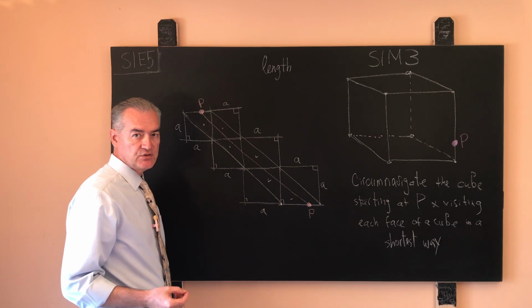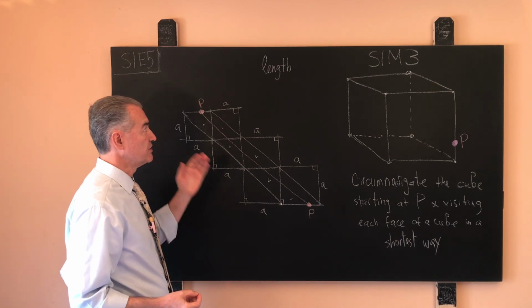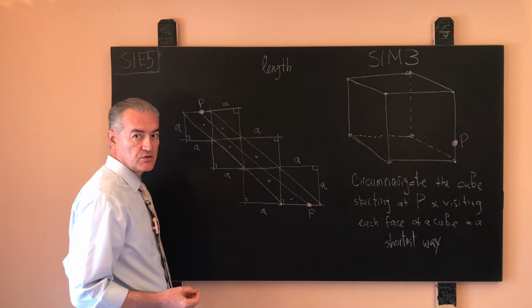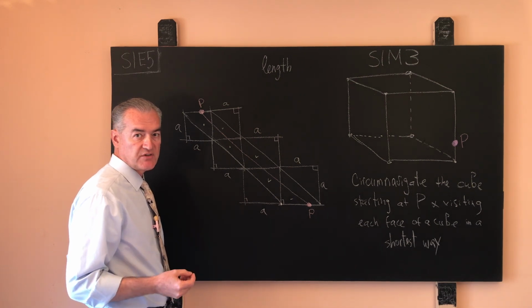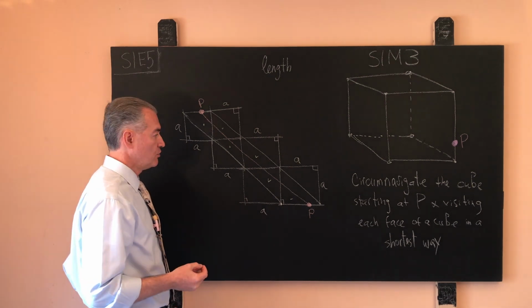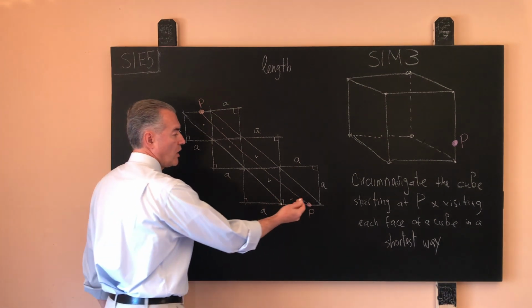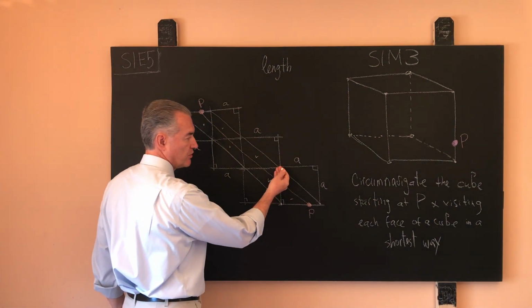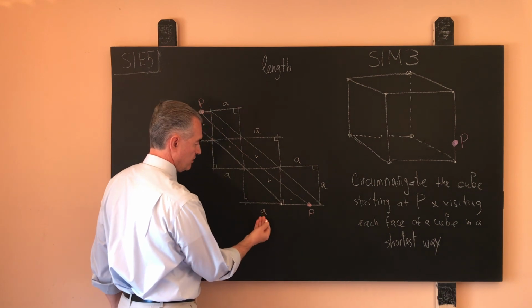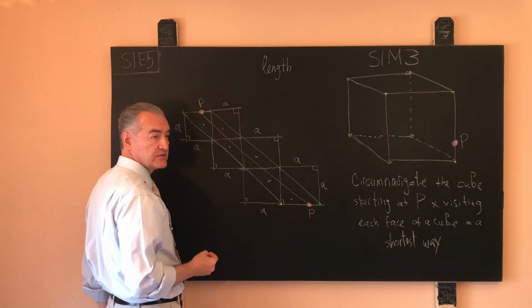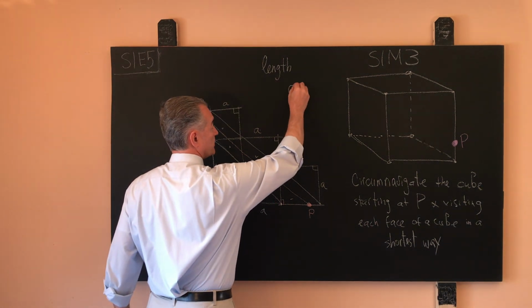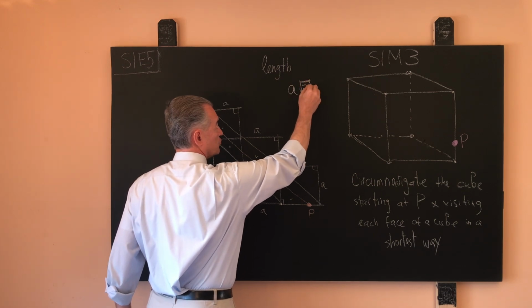Now it becomes easy to answer the question of what is the length of that shortest circumnavigating orbit that visits all the faces. One diagonal of a square with the side A, as I showed over here, A, we have A all over the place, is simply A scaled by the square root of 2.